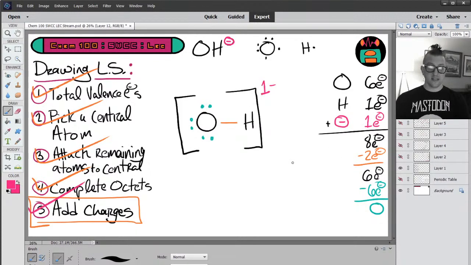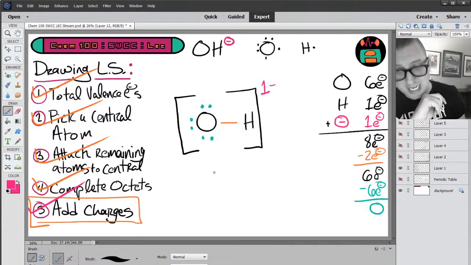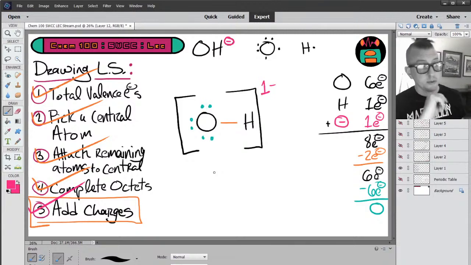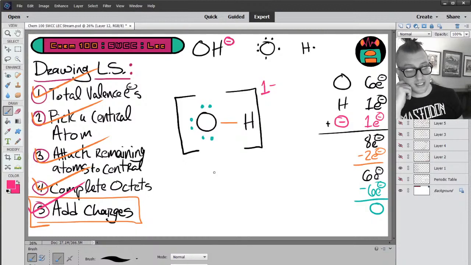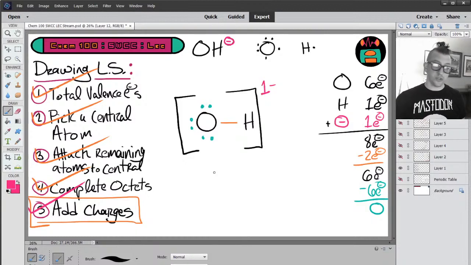So this is now the answer. You have to bracket it, and then you put that -1 charge, superscripted outside the right bracket. That is the Lewis structure for hydroxide.